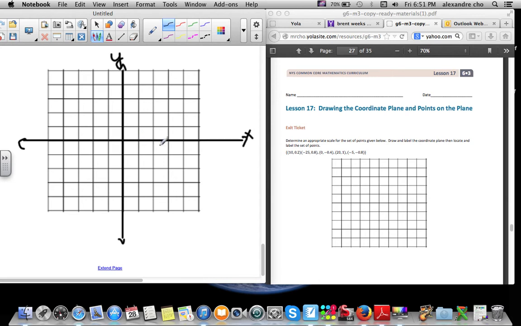You can't use 1, 2, 3, 4, 5 because we're going to run out of room. So therefore, you've got to pick another scale here. And the scale I'm going to pick is 5, 10, 15, 20. I'm going to skip by 5. So on the other side, I will skip by 5s too. Negative 10, negative 15, negative 20.